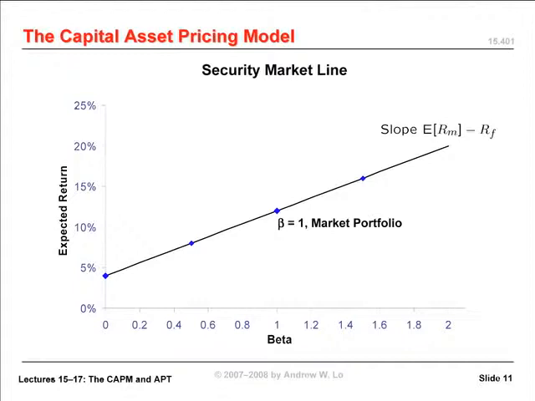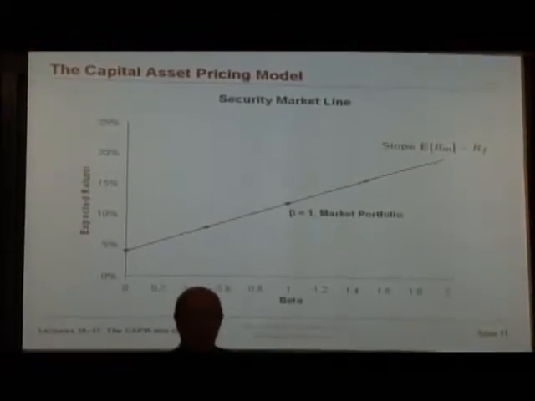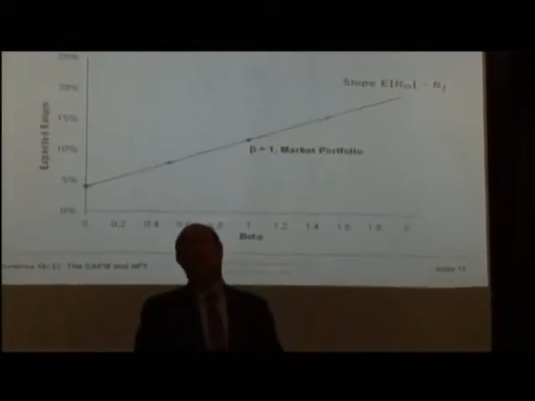And now, to answer Edouard's question about deviations and how far away you are from efficiency, if you deviate from this line, then the vertical distance is the alpha of your portfolio or project or investment opportunity.